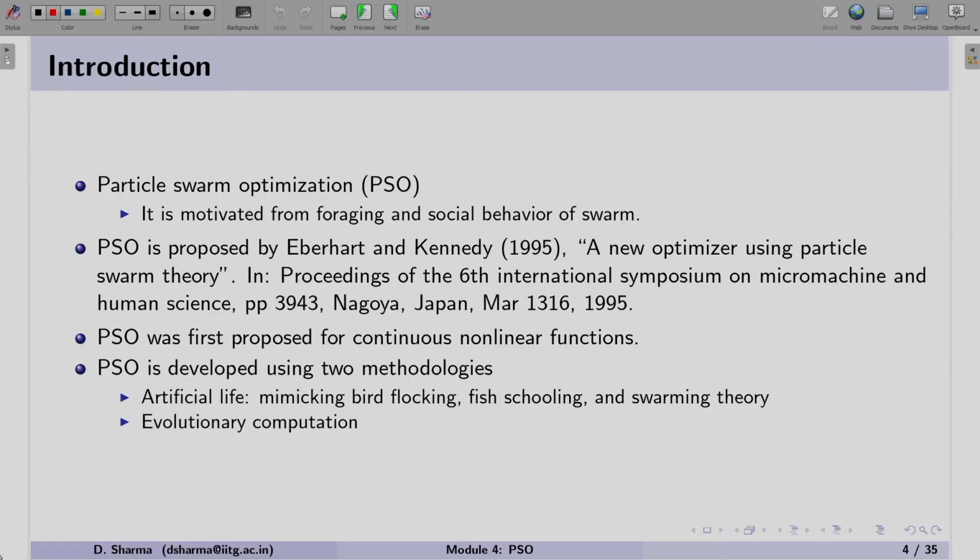In this paper, the authors mention that PSO is developed using two methodologies. The first is called artificial life, and the other is called evolutionary computation. When we say artificial life, we mean that we are mimicking some natural phenomena, such as a school of fish or flocking of birds.